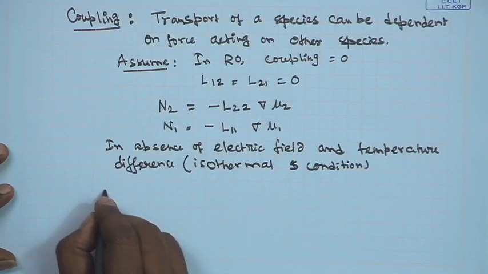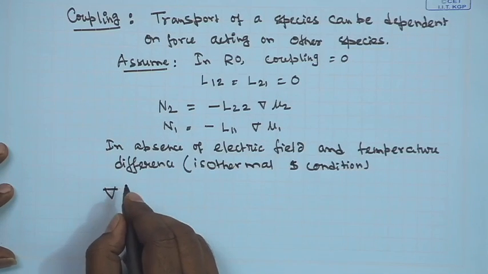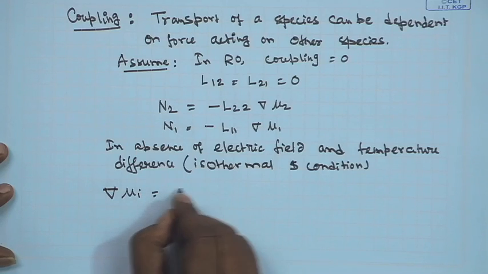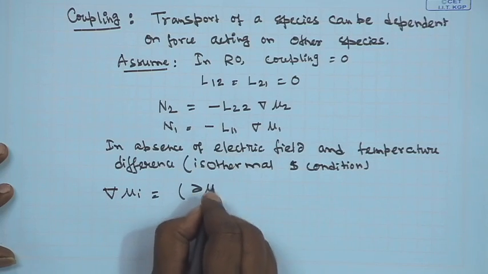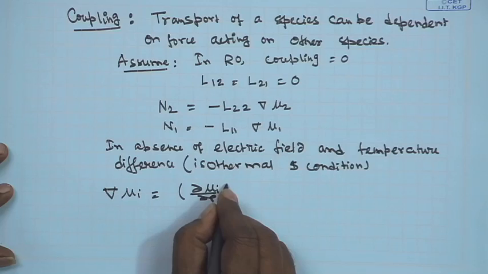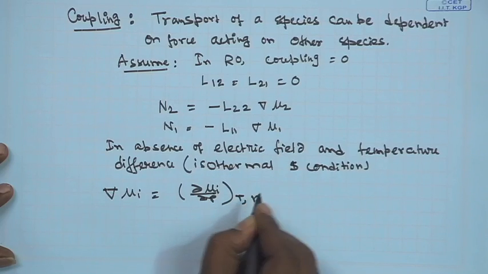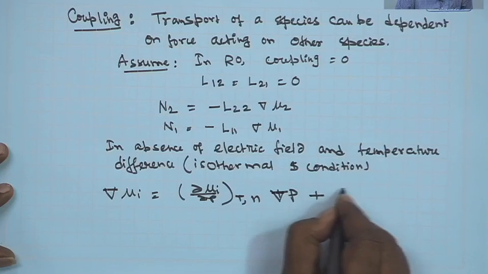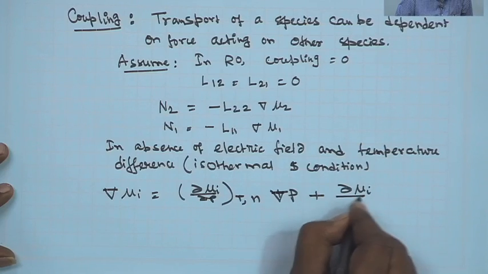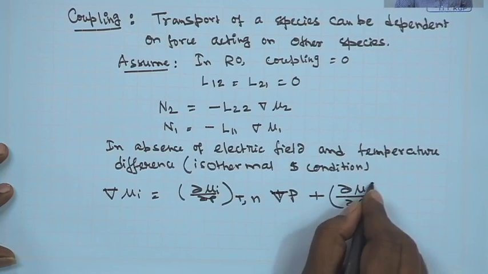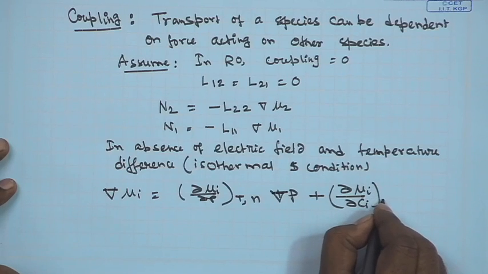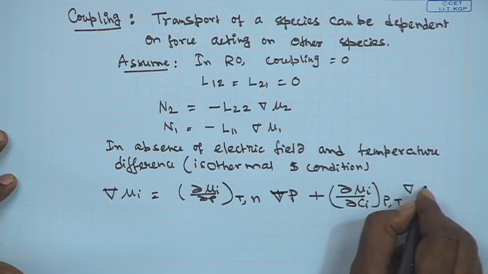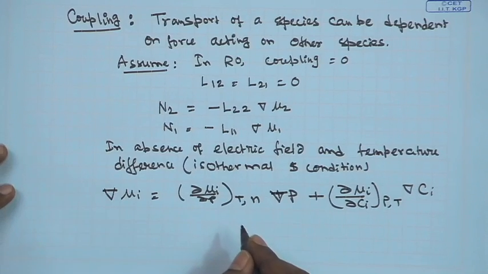Okay. So, the expression of grad of mu_i is written as del mu_i del p at constant T and n times grad of p plus del mu_i del C_i at constant pressure and temperature times gradient of C_i.